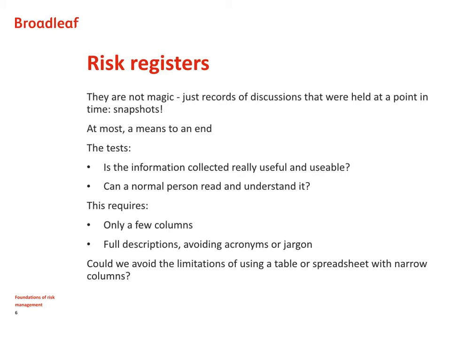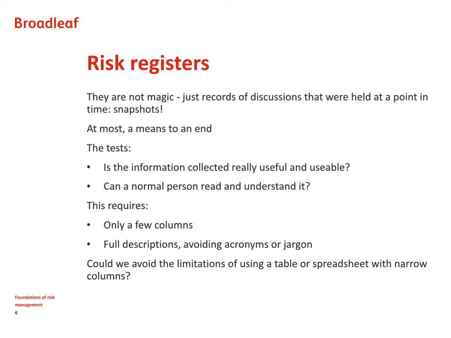More importantly is that the company retains the context statements we talked about in the previous module and the risk modification or risk treatment plans which arise in the subsequent module. If we look at a risk register, it is important that the information we collect in it is really useful and usable.